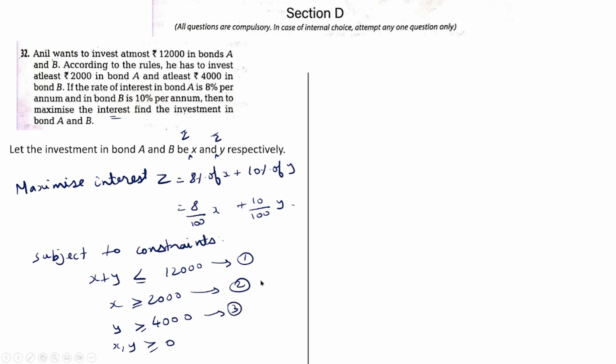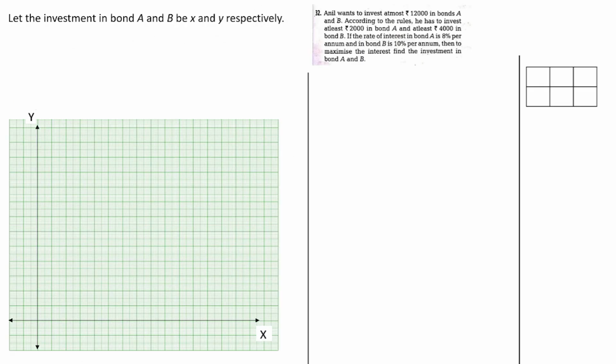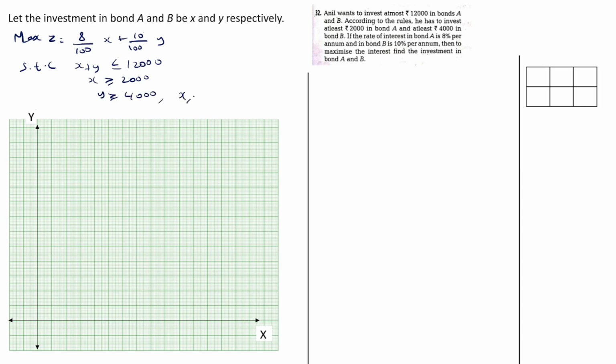Now let us solve this linear programming problem. So let us take the graph. So here we have maximize z is equal to 8 by 100 x plus 10 by 100 y, subject to the constraints x plus y less than or equal to 12,000, x greater than or equal to 2,000, y greater than or equal to 4,000, and x comma y greater than or equal to 0.